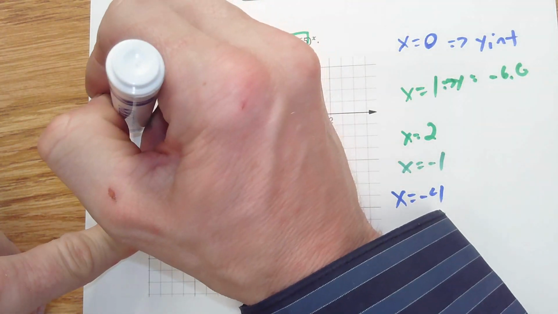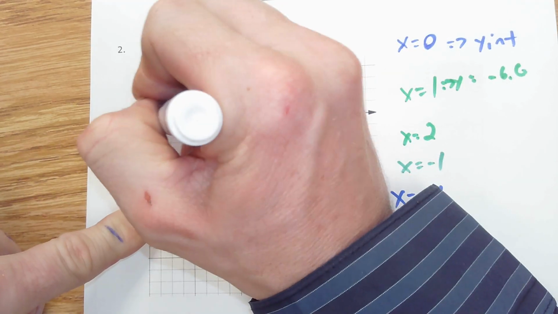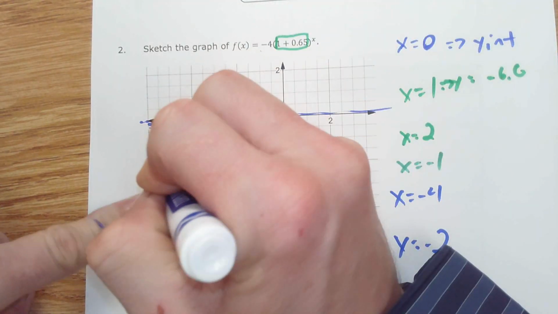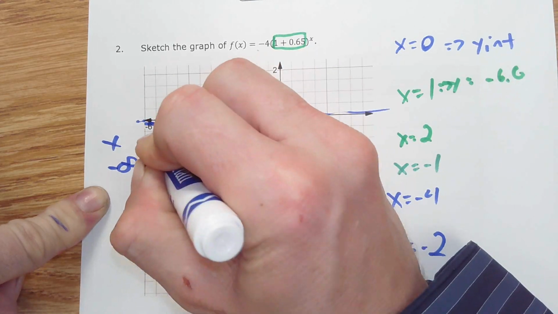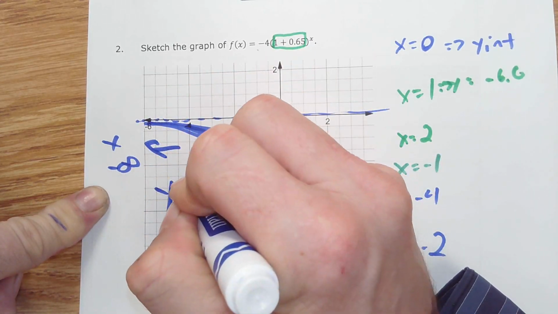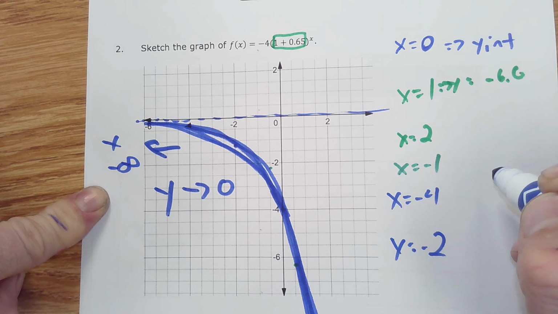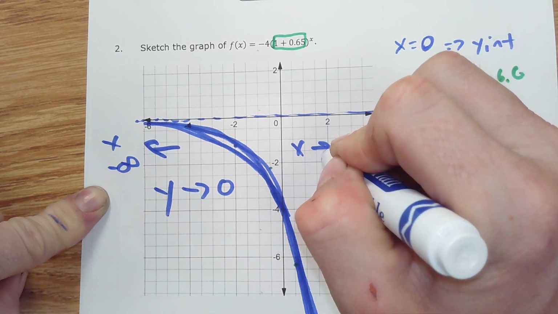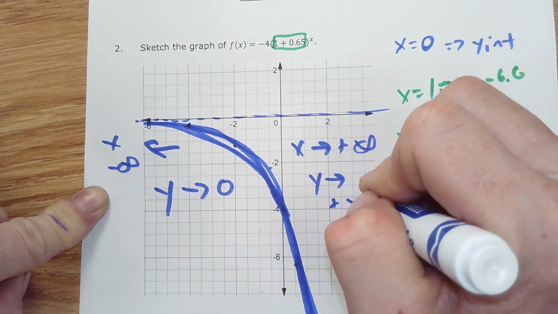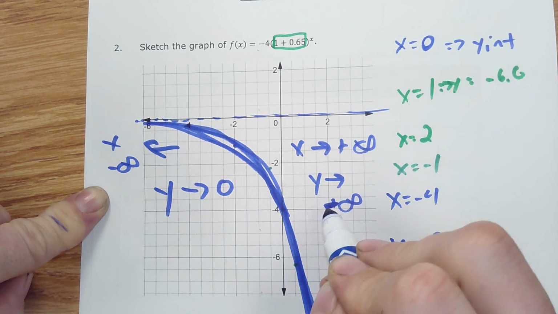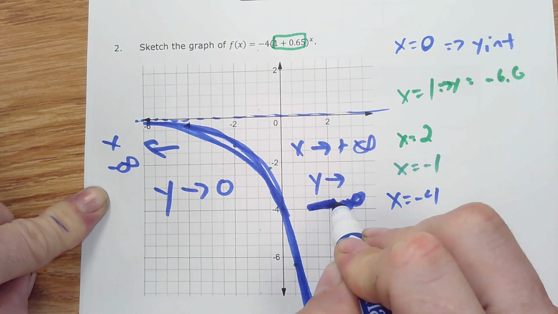So as x approaches negative infinity, y approaches 0. And then as x approaches positive infinity, y approaches negative infinity.